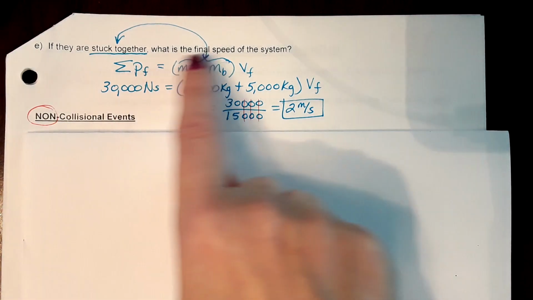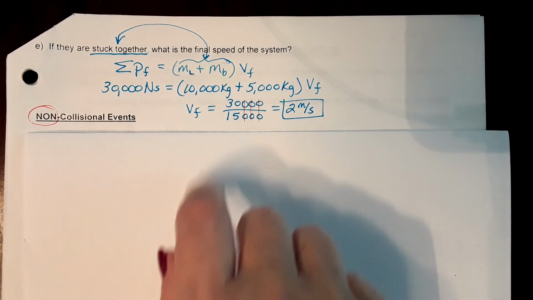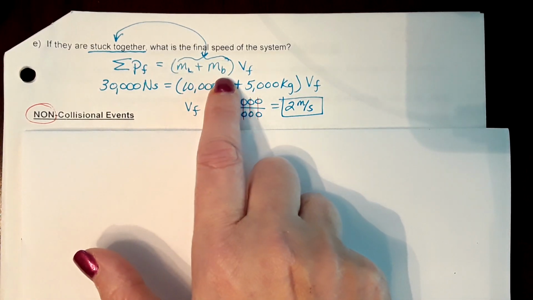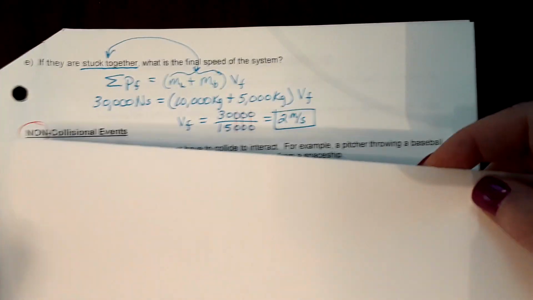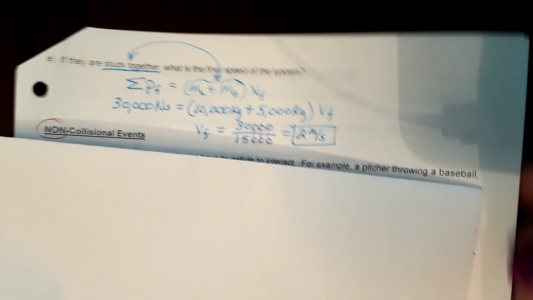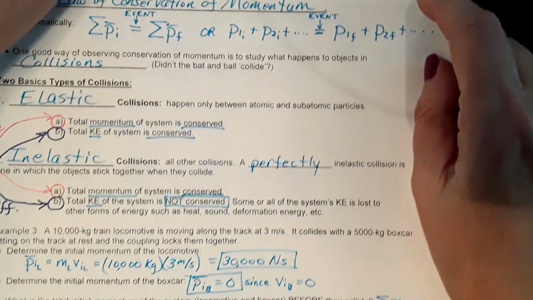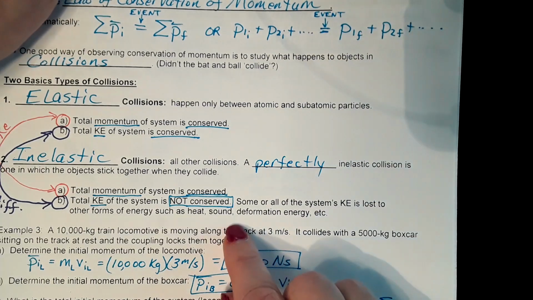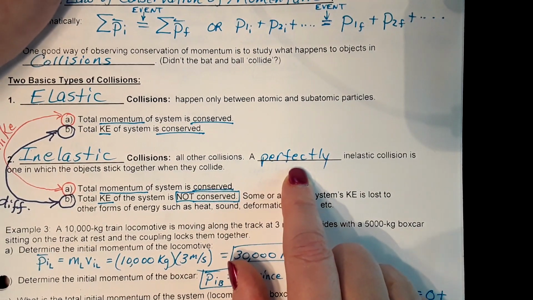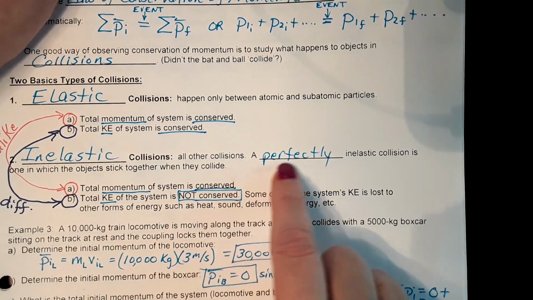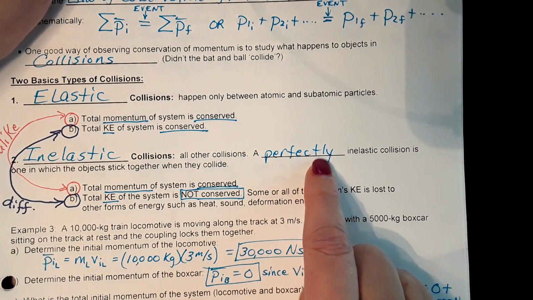Now, this particular part of the problem is interesting. When two objects stick together upon collision like this, it is a special type of inelastic collision. I'm going to go back to the previous page for just a moment and show you. Not all inelastic collisions stick together, but on some they do, and when they do, we call such a collision a perfectly inelastic collision.